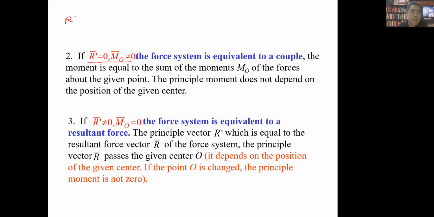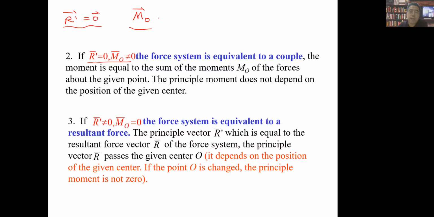If R prime equals the 0 vector, because R prime does not depend on the position you select, that means the original force system is equivalent to MO. Can you guys remember? Can you understand that? That means the original force system's effect is just equivalent to this MO.